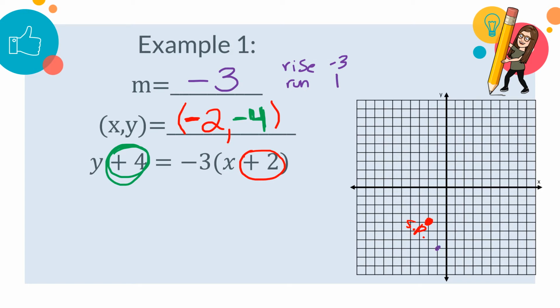Down 3, right 1, down 3, right 1. Same is still true. Morphet has that rule, 5 or fill. 5 dots, connect them, arrows. I still want to see all of that. So the piece that's new is remembering to use the opposite signs to find your x and y coordinate value.